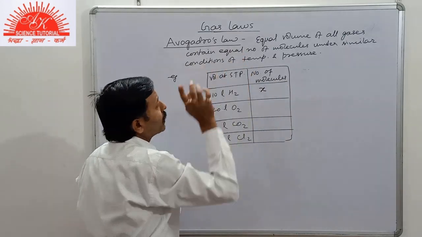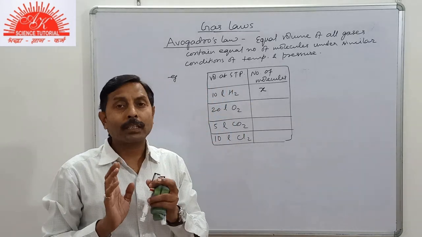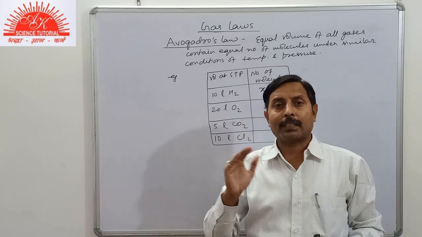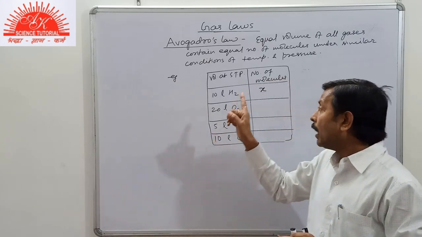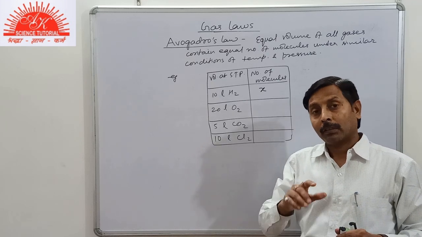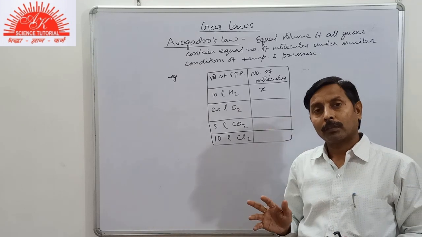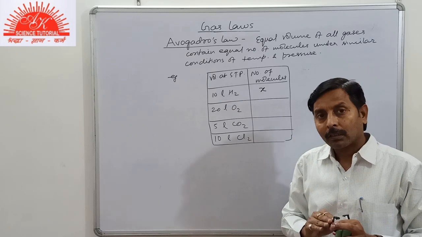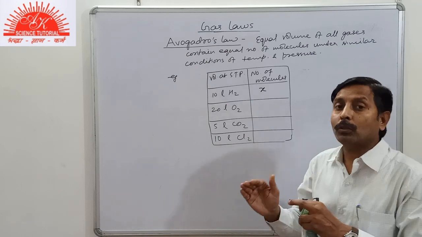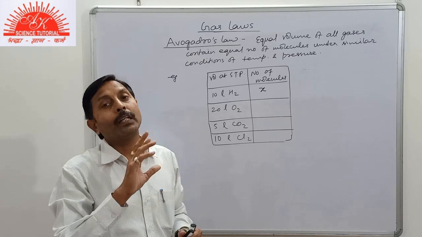Now according to this law, if there is 10 liter of hydrogen and it contains X molecules, then 10 liter of every gas at STP will have this much number of molecules. Now, if the volume is doubled, the number of molecules will also be doubled. If the volume is made half, the number of molecules will also become half. Means, according to the volume, under the same condition of temperature and pressure, the number of molecules will also be regulated.